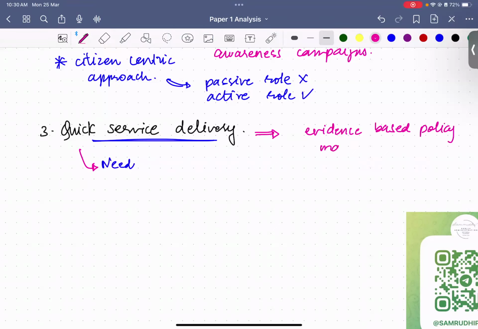But as a stark example, the NHAI, the National Highway Authority of India, takes part in the implementation, and the Road and Transport Ministry does the policy making.